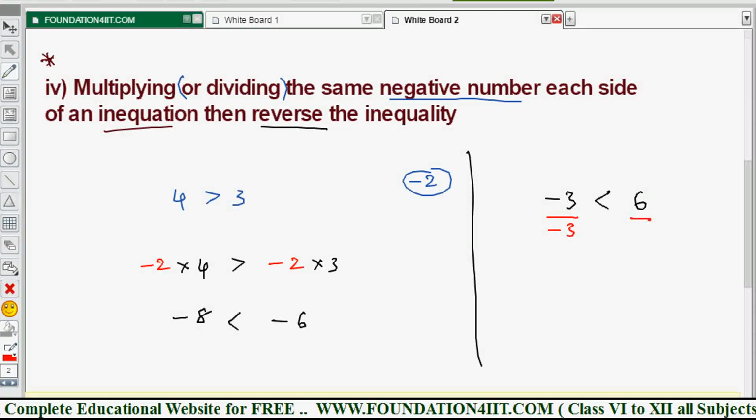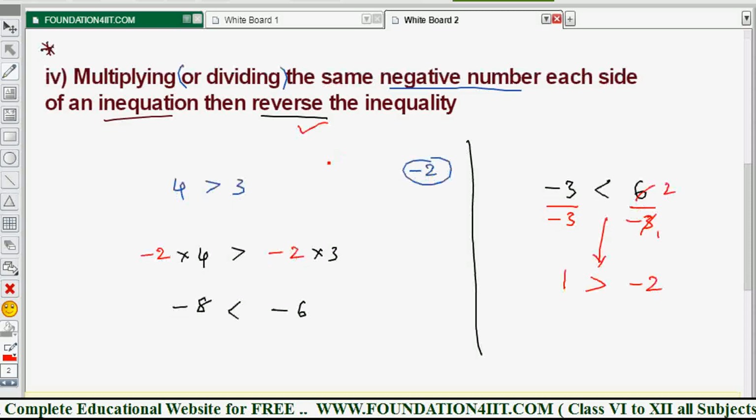Minus 3 divided by minus 3 is 1. 6 divided by minus 3 is negative 2. So 1 and minus 2. Always 1 is greater than minus 2. That's why it automatically becomes reversed. So whenever you multiply or divide by the same negative number on each side of an inequation, we need to reverse the inequality.